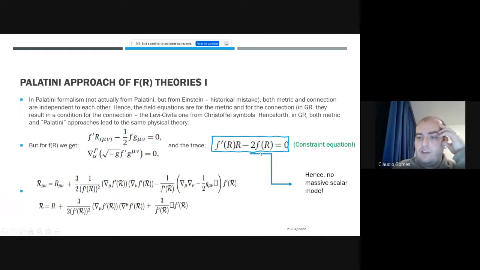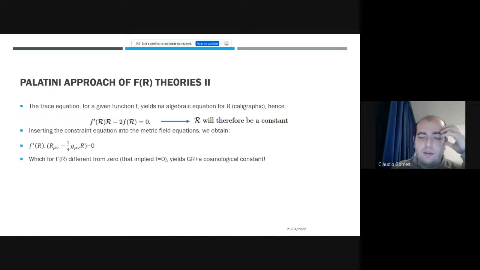So remember that this is a constraint equation, and no massive scalar mode appears from here. It's not dynamic, and it does not have a mass term. So the trace for a given function f yields an algebraic equation for the calligraphic R. So from this, we get that R will be a constant.